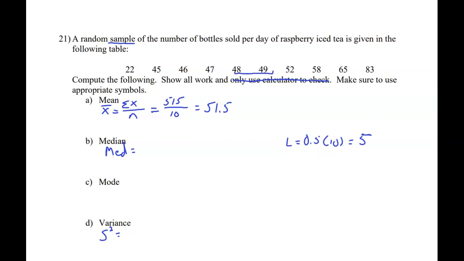If you're using the location formula for median, percentile, quartiles, anything like that, you don't just go to that position if you get a whole number. You have to go to that position and the next position and take their average. So I'm going to get 48 plus 49 divided by 2 is equal to 48.5, and do not round. Leave it as is.